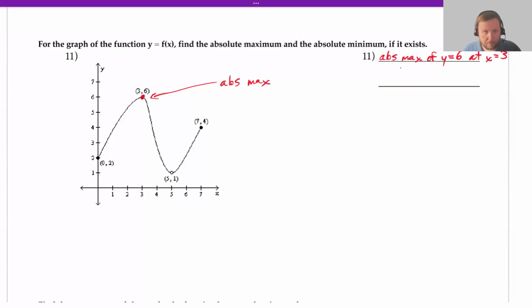Now, the lowest y value that we can see is 1, but it's not on the function. The lowest point is not included. So it's not actually on the function.